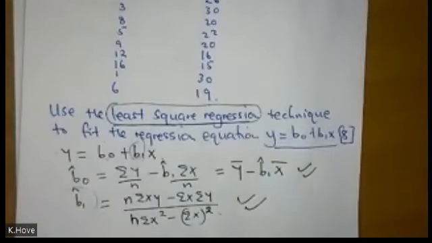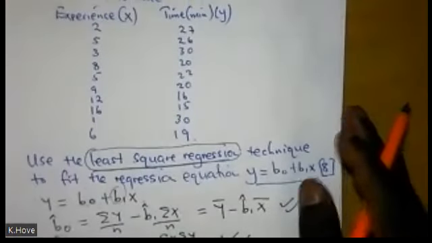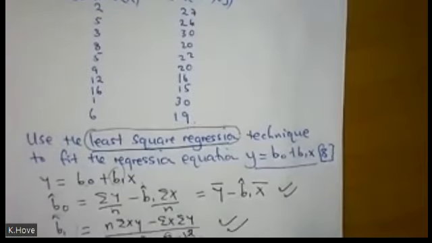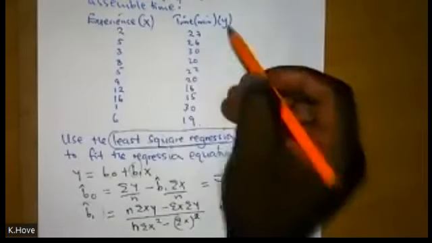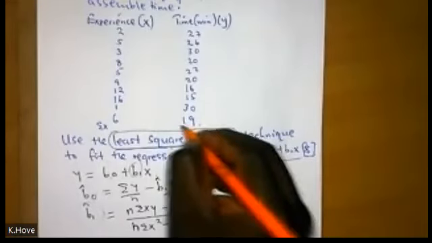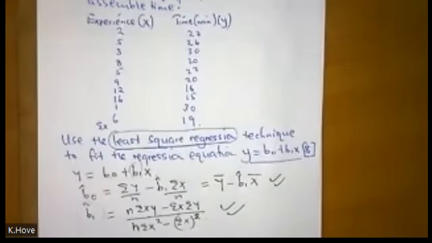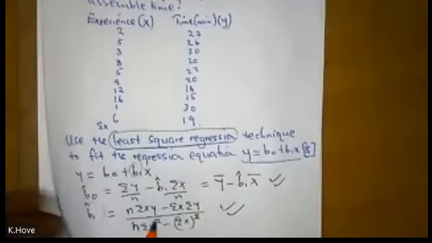Now, with that in mind, if you are given data like this, looking closely at these formulas, you do realize that you have x, you have y. So when you add this column, you get summation of x. Let me use a clean sheet here because this is very, very important. So we have got our x and we've got our y.